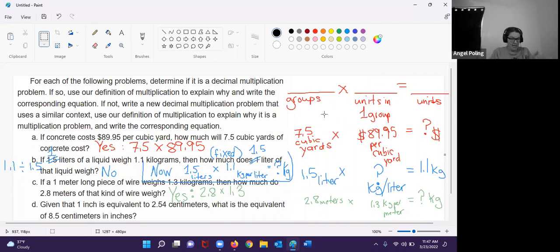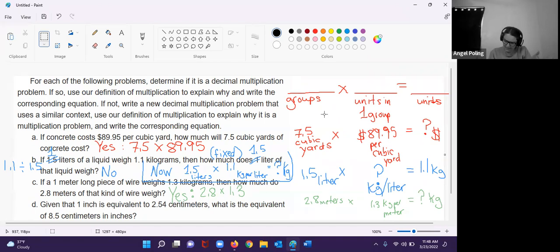Okay. Given that 1 inch is equivalent to 2.54 centimeters, what is the equivalent of 8.5 centimeters in inches? Okay, so let's fit this last one on here.